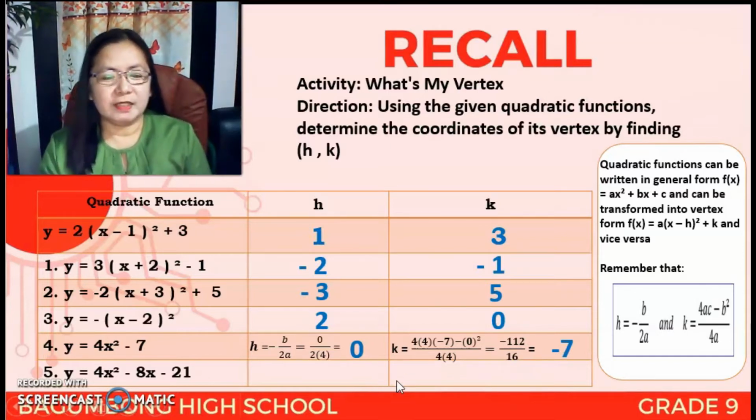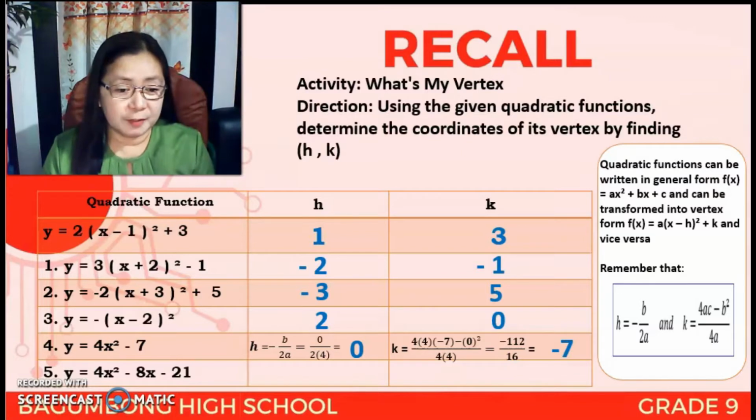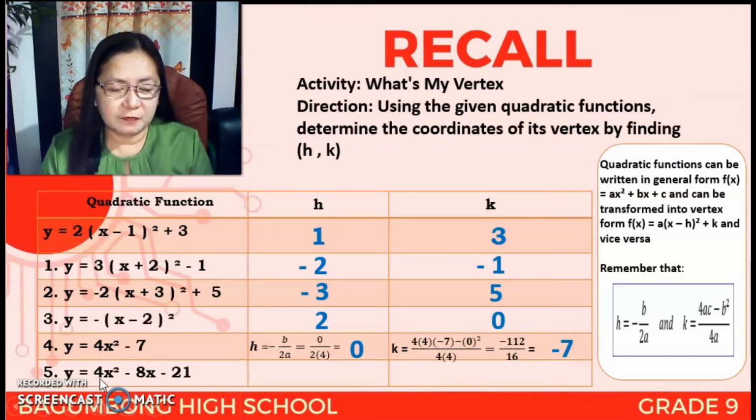Next, the last one, number 5. The number 5 quadratic function is written in general form, so we can use the formula for H and K. Identify A, 4. Identify B, which is negative 8. And C is negative 21. To determine the value of H, we use the formula negative B over 2A.